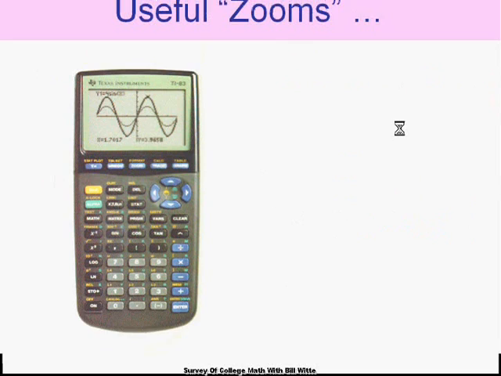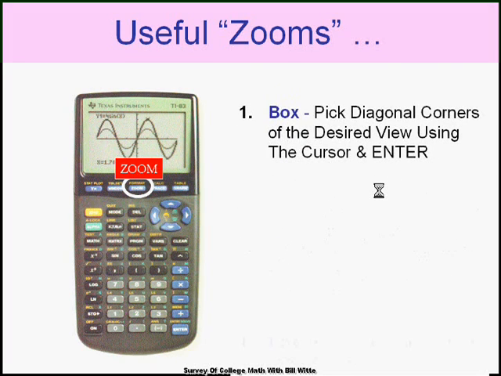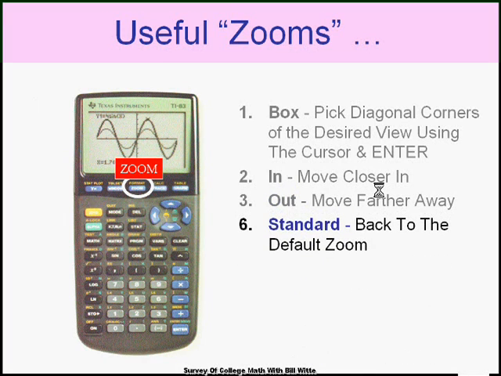So let's use our buddy zoom. Where's the zoom button? Remember zoom? Okay. Now I think you're at a zoom standard. That's where we left it last show. The things that are available to us are to zoom to a specific box. See if I can demo that for you. Zoom in. Zoom out. And I don't use the other one. Zoom standard, of course, we've used already.